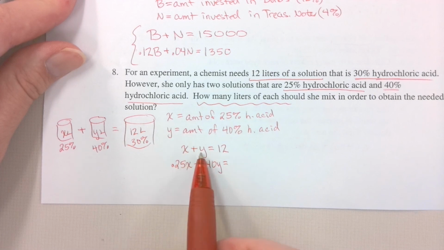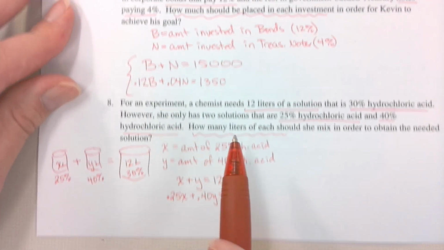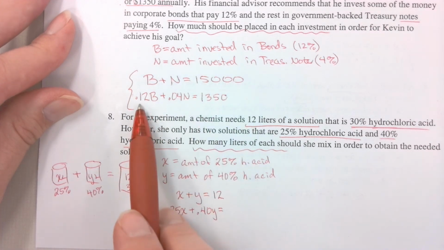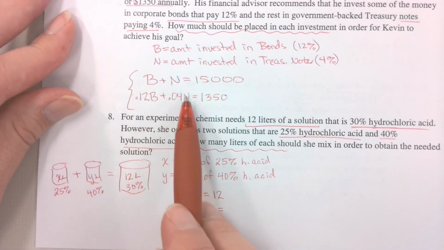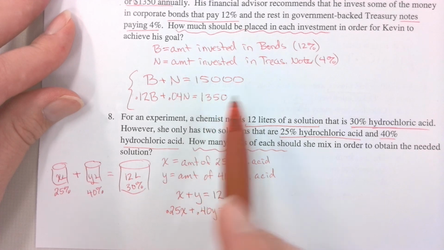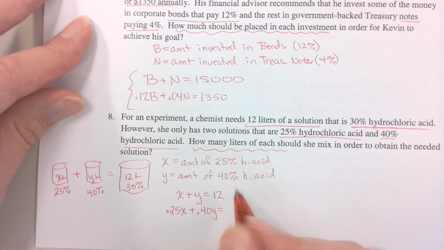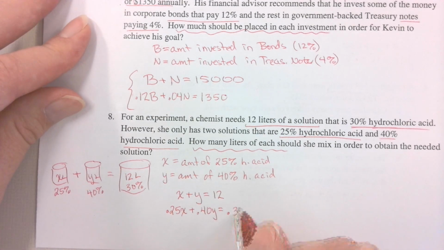So it's total liquid plus total liquid equals total liquid. So go back up: investment plus investment, total money. And then we had a percent of the investment as interest and a percent of the investment as interest, total interest. Well, here I have a percent of the liquid, total acid, plus a percent of the liquid, total acid, and it's not equal to 0.30, it's equal to 30% of the total. So percent of the total gives us that overall percent of that total.